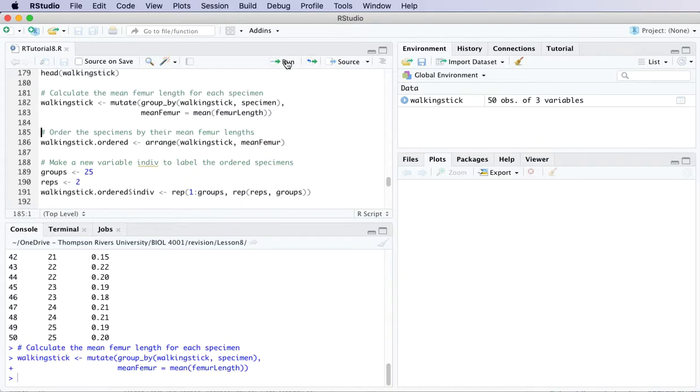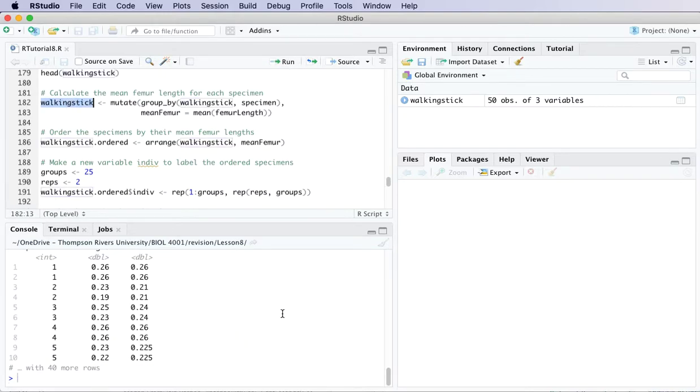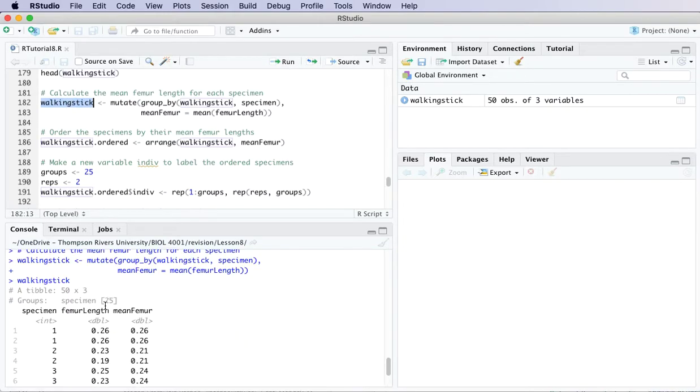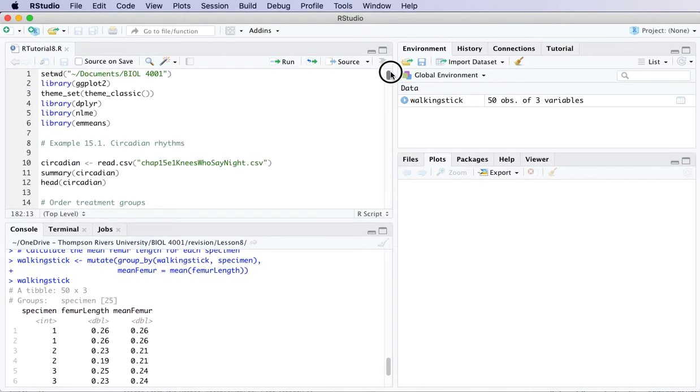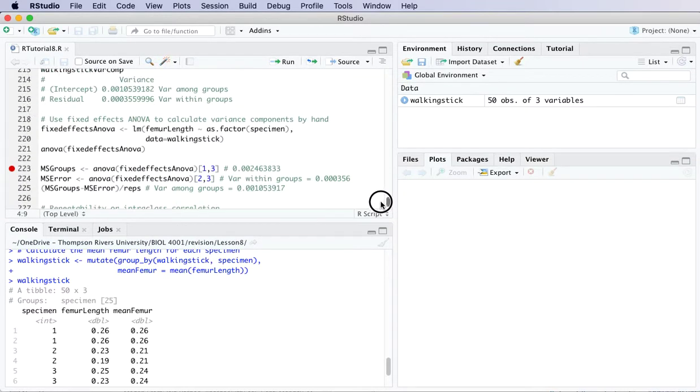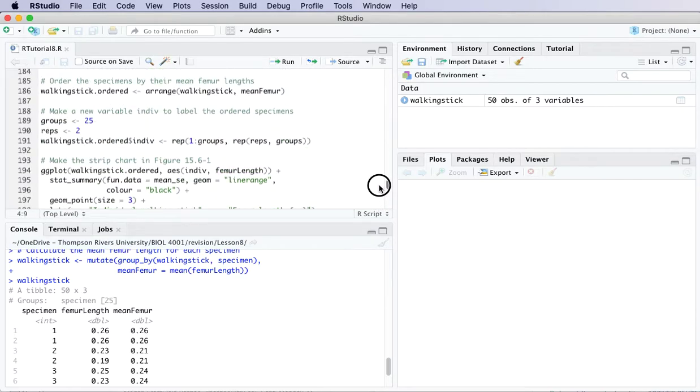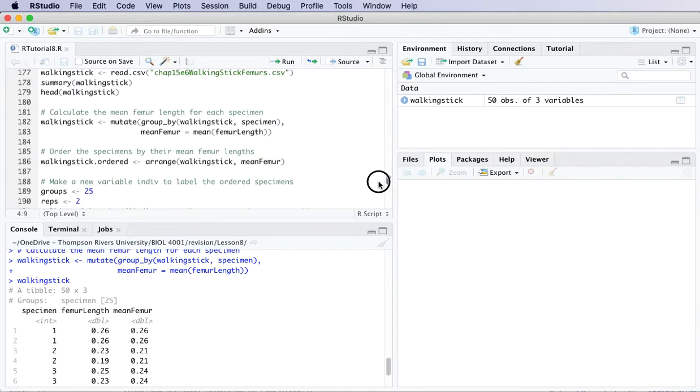So bear with me. First of all, we use this mutate function, which I think is in the dplyr library or package. And let's get back to where we were.